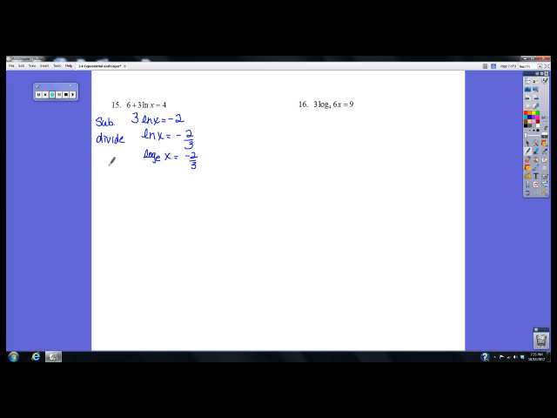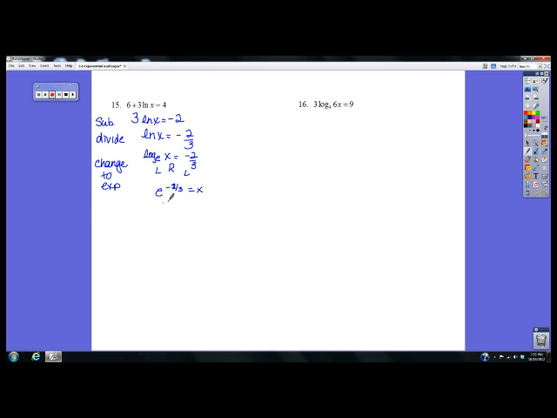Let's change to exponents. Left, right, left. e to the negative 2/3 equals x.